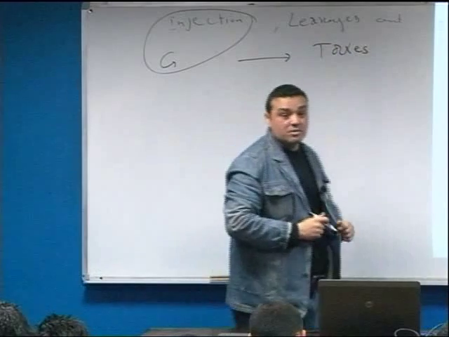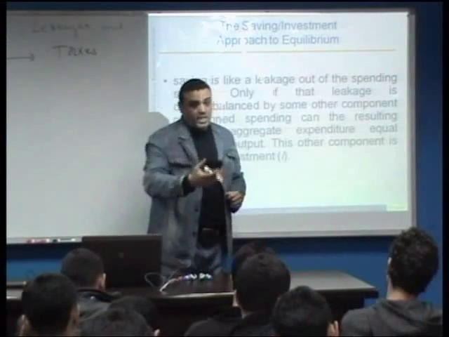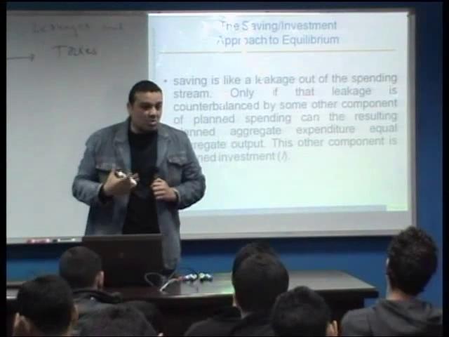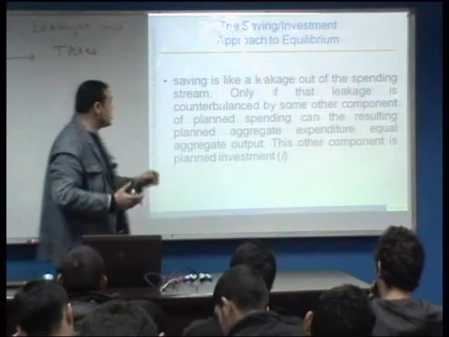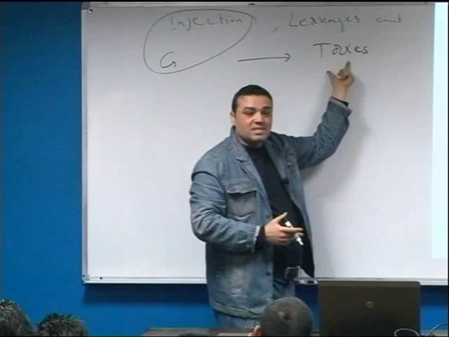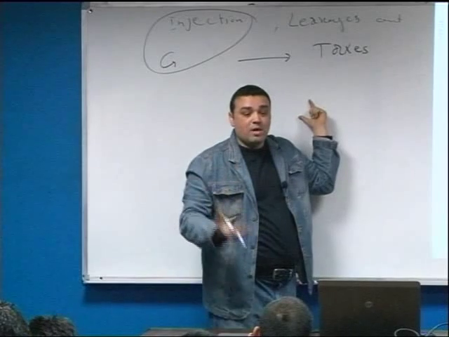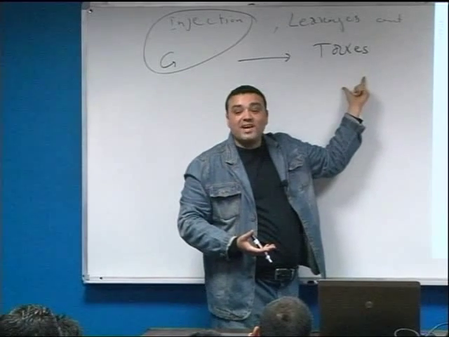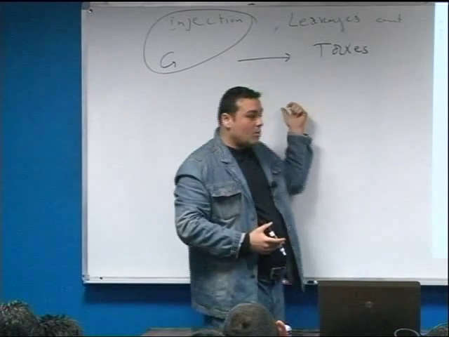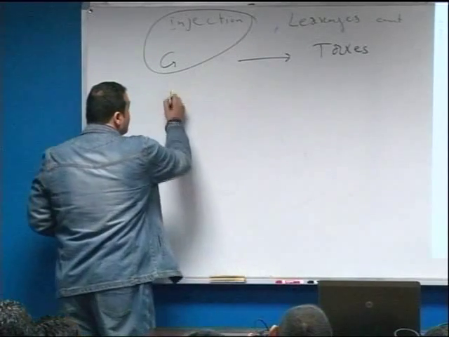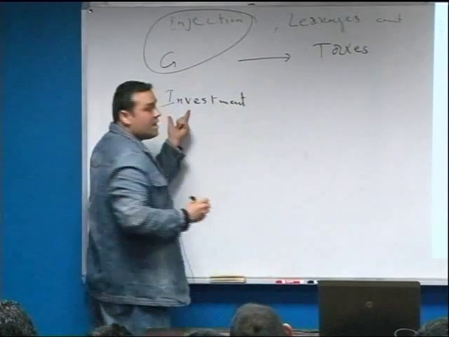It's a leakages out because we absorb taxes, right? So in this case the aggregate output would decline. So there is a negative relationship between the taxes and the aggregate output. وبالتالي it's classified as what? Leakages out. تمام؟ طيب what about investment?